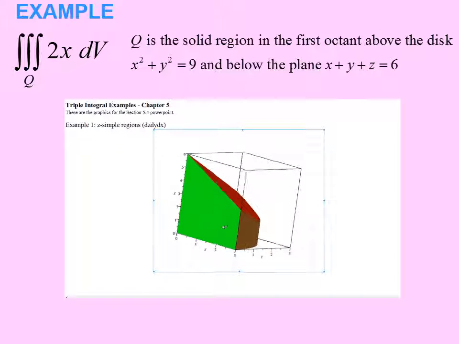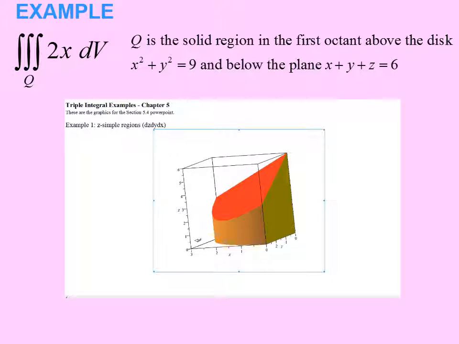So let's twist this around. Here we're looking at a position where we see the x-axis here. A line parallel to the x-axis would enter the solid here and exit through the gold surface.